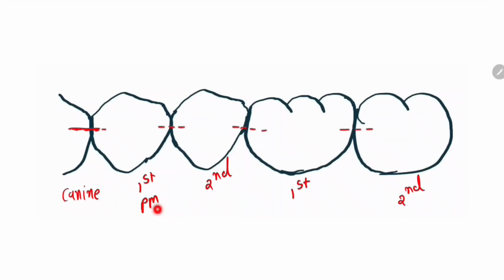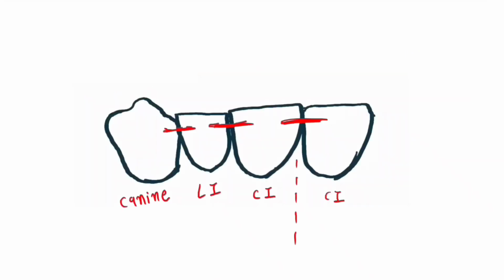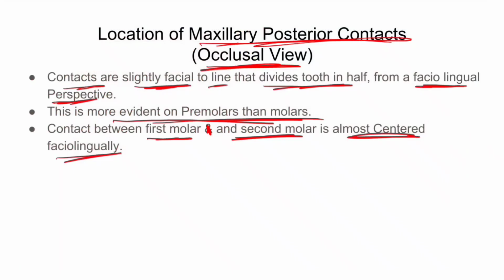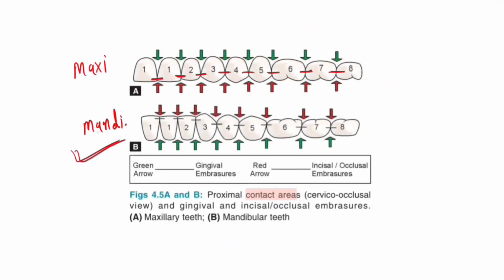And these contact areas are present in the middle 1/3, right? Now again we will refer to that textbook diagram. See here, these are for mandibular teeth. Between two central incisors, it is located in the incisal 1/3. Same here, incisal 1/3, incisal 1/3. Then it comes to the middle 1/3.